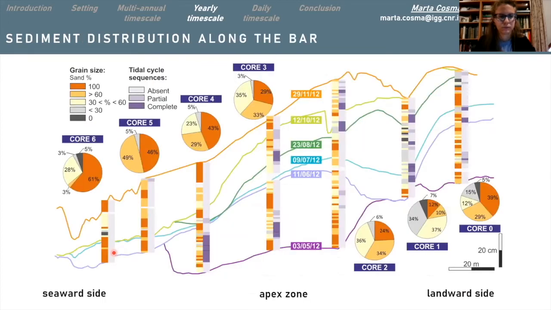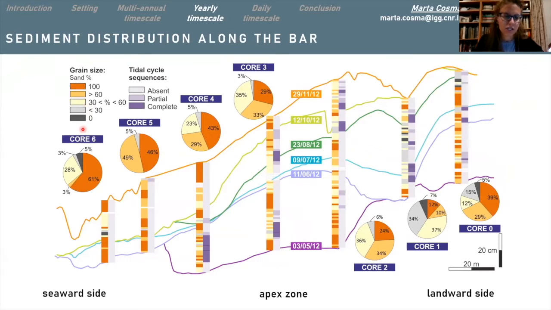So we are now looking at the sediment distribution along the bar. Here you can see the internal increments and the maximum thickness of the accretionary package in the apex zone and landward zone, and again the minimum preserved increments in the seaward side. And here you can see the different cores with the percentages of sand and mud.